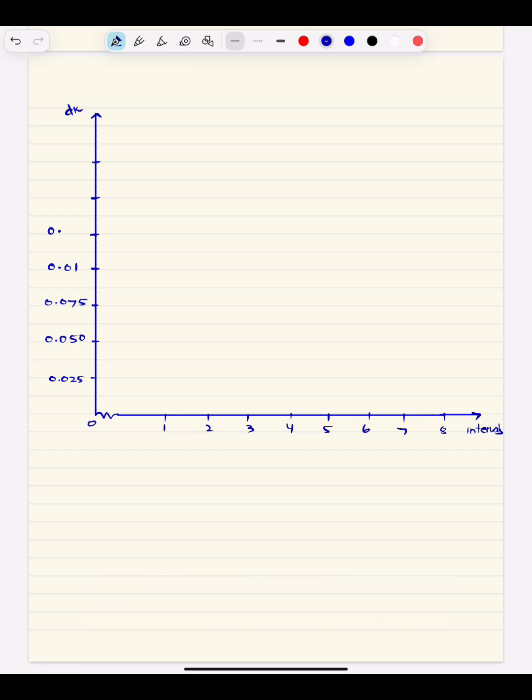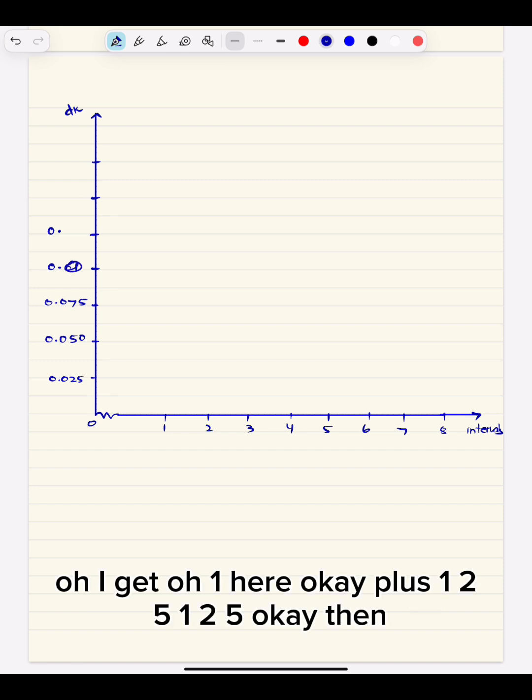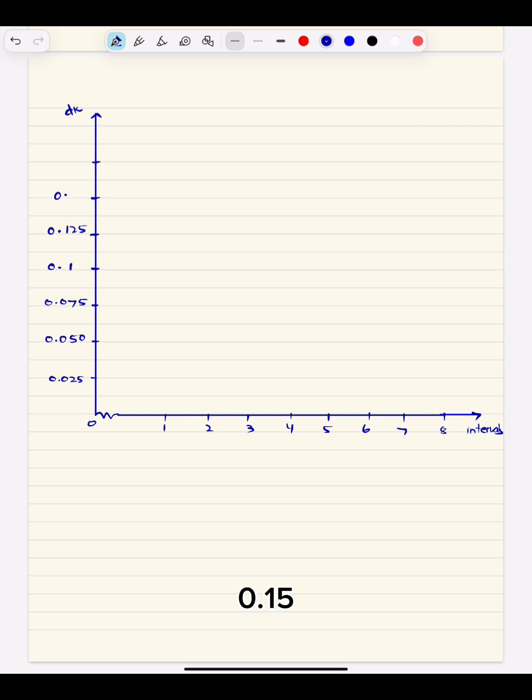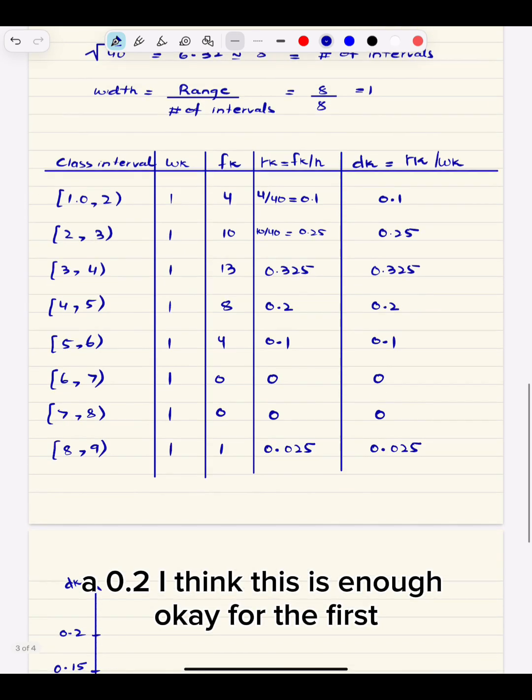Let's start over. Plus 0.25, 0.25. Yeah, I was right so far. Oh, I'll get a 1 here. Okay, plus 0.25, 0.125. Okay, then 0.15, then a 0.2. I think this is enough.